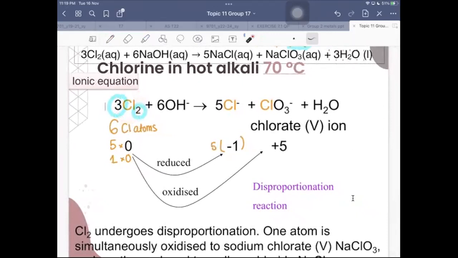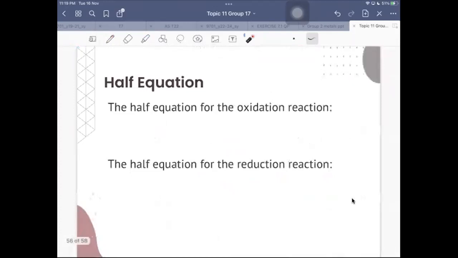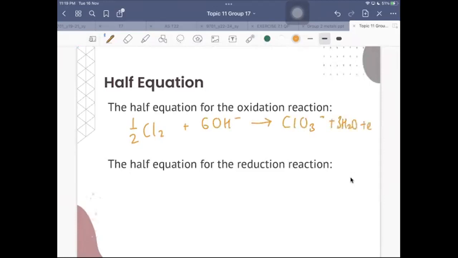So I will not show you again how to find the oxidation number of chlorine in the chlorate ion. You can work it out yourself. You should get +5 as your oxidation number. I will show you the half equation for the oxidation reaction, which is half Cl2 plus 6OH minus to form ClO3 minus plus 3H2O plus electrons.